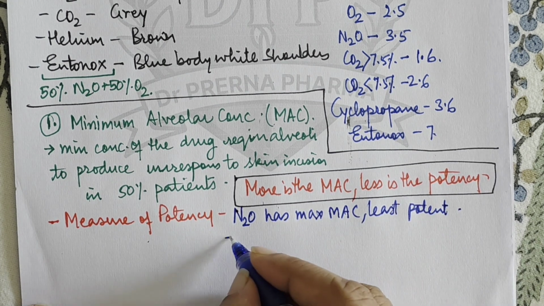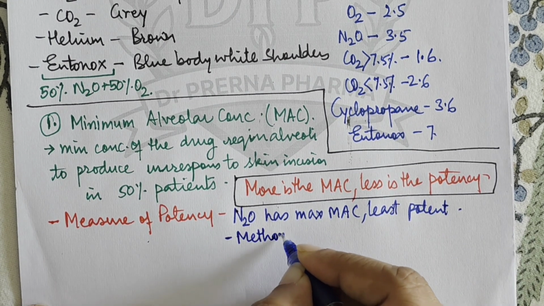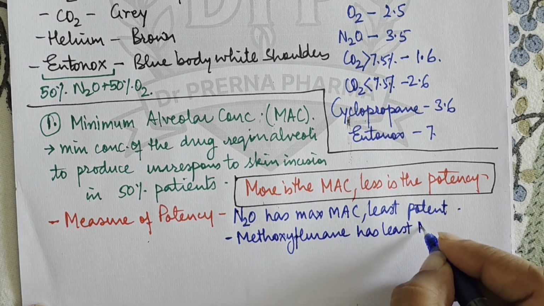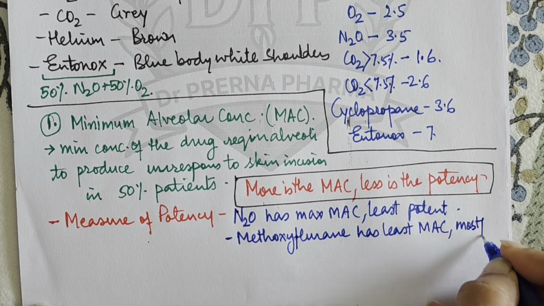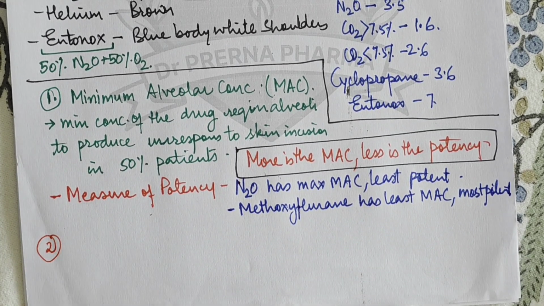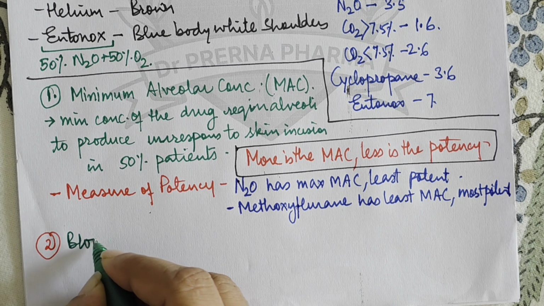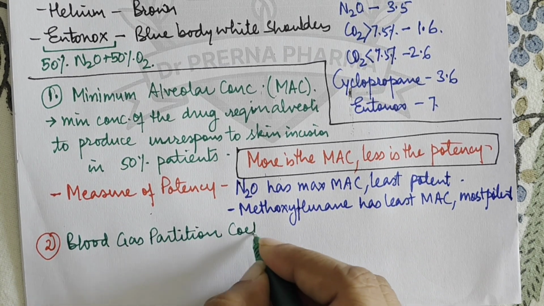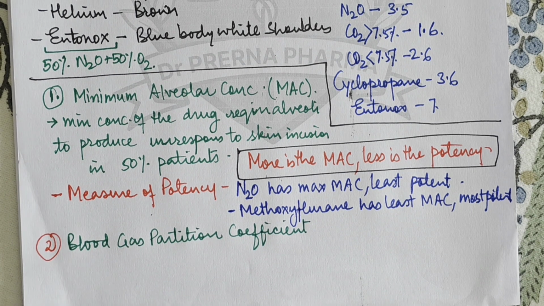So N2O is not a good complete anesthetic. Then the drug methoxyflurane has the least MAC, and so it is the most potent. Then the second fundamental is blood gas partition coefficient, right? Now what is blood gas partition coefficient?